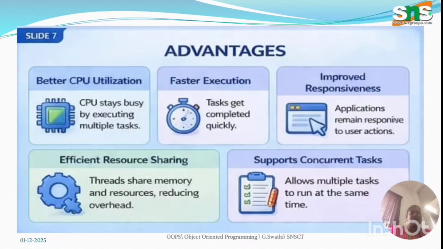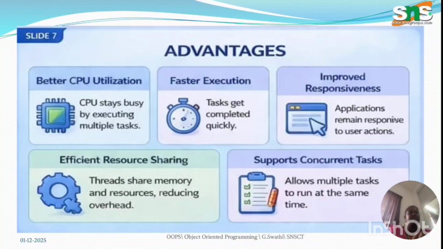And then what advantages do we have in multi-threading? Better CPU utilization, faster execution, and improved responsiveness. Efficient resource sharing means it supports concurrent tasks. The CPU stays busy by executing multiple tasks.